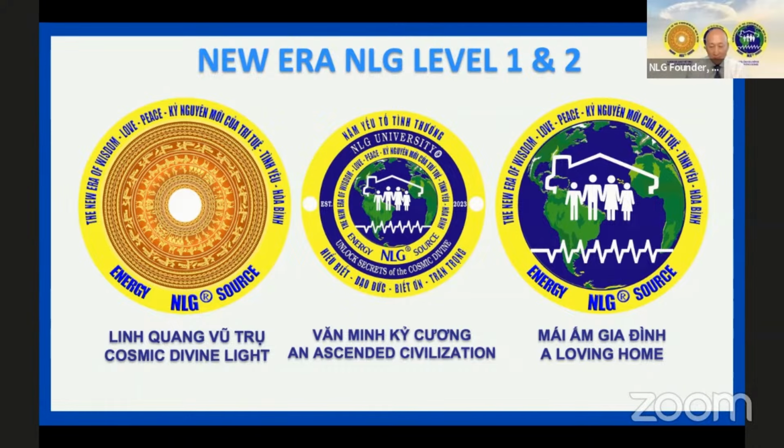I want to emphasize that to you and make you focus on that energy. So that is cosmic divine light, the energy that comes from space civilization. You can imagine the space civilization at a place far, far away from us that is more advanced than our wisdom.